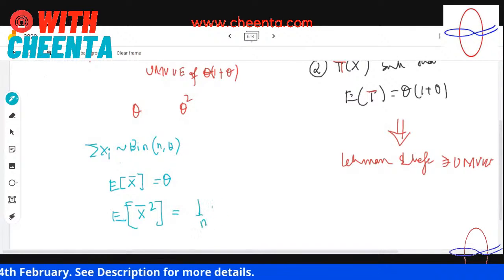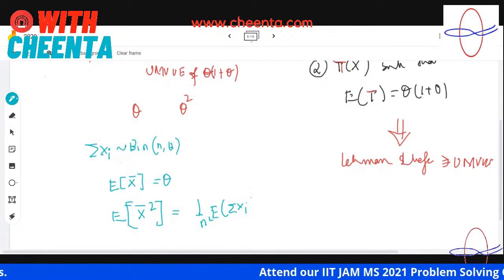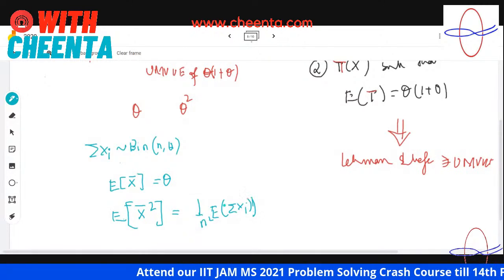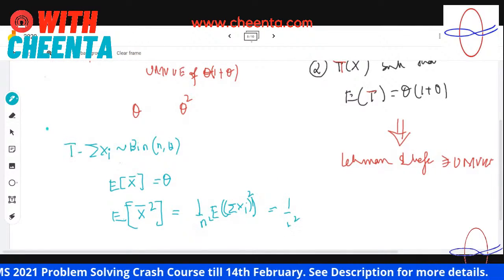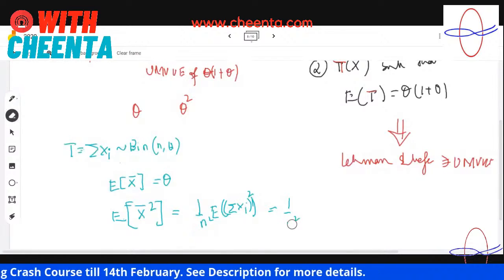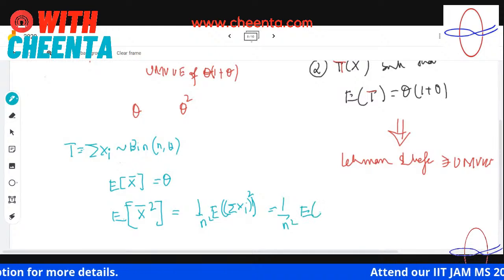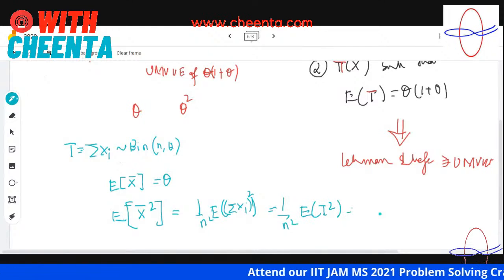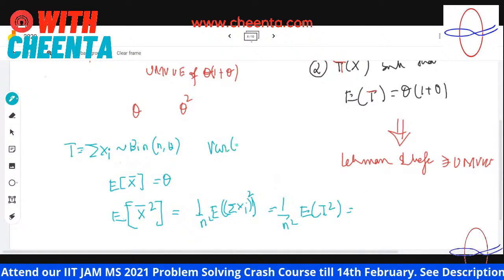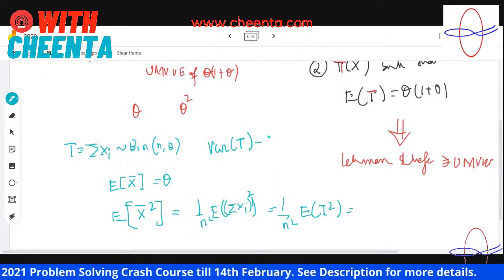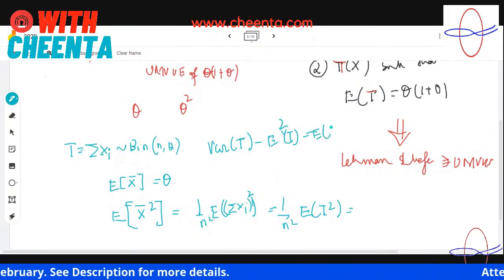It will be 1 by n square times the expectation of (summation of xi) whole square. Let's call the summation T. So it's 1 by n square times the expectation of T square. The expectation of T square: variance of T is the expectation of T square minus (expectation of T) whole square, right?